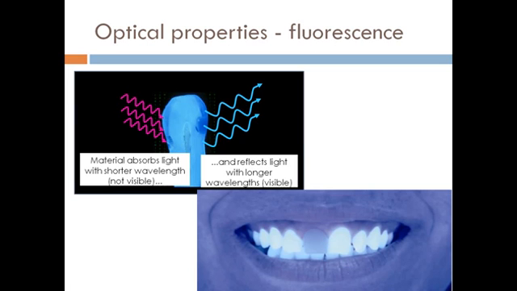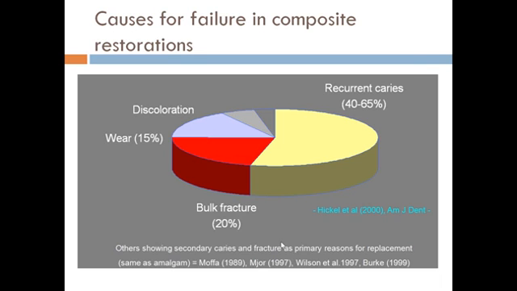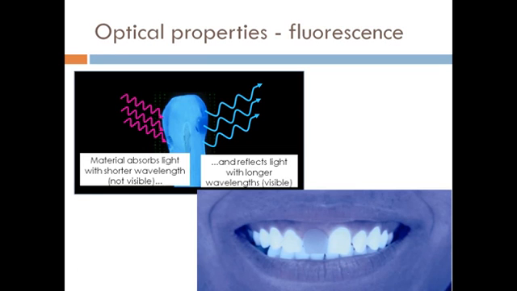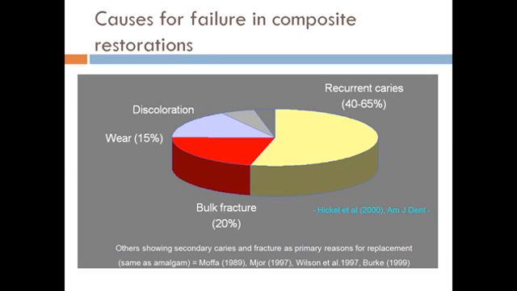Older composites did not have this fluorescence or opalescence. Say you go to a nightclub or a place where there are black lights: it appears like you don't have a tooth if it was made with a composite that does not have fluorescence. So you better be aware of that when you're making restorations for your patients, otherwise they'll come marching back complaining that you did not pay attention to their aesthetic needs.